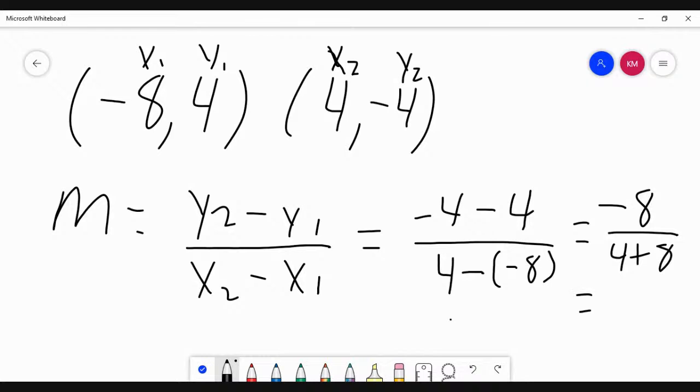So now, negative 8 over 4 plus 8 is negative 8 over 12. Simplified, that is negative 2 over 3.